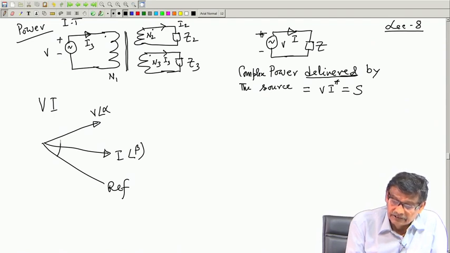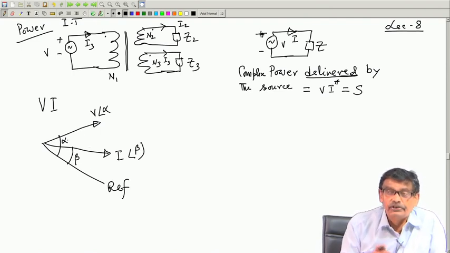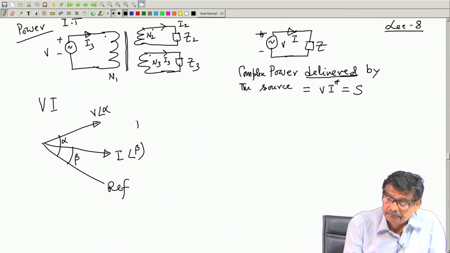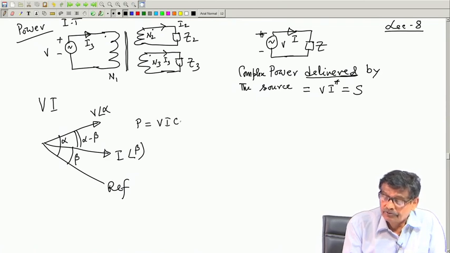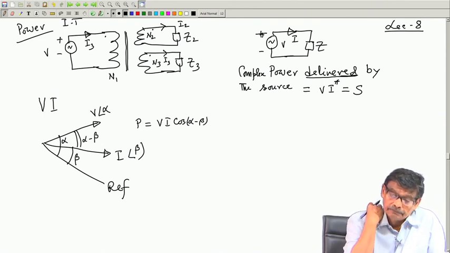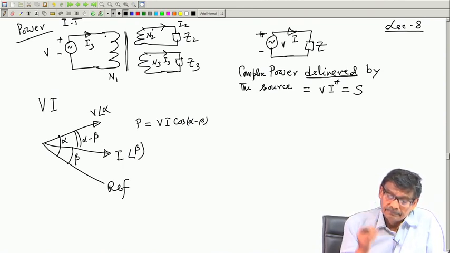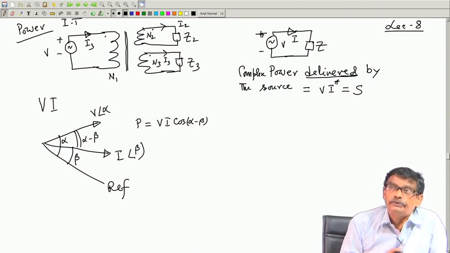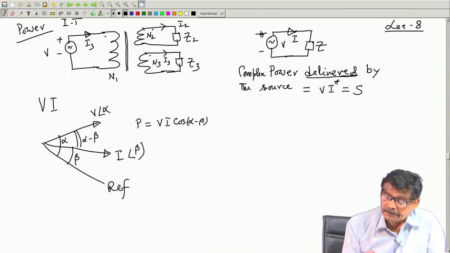So this angle is alpha, suppose this angle is beta. Therefore, real power, as you know, should be V I cosine of alpha minus beta. This angle is alpha minus beta. So real power is V I cosine alpha minus beta, and reactive power will be V I sin alpha minus beta.